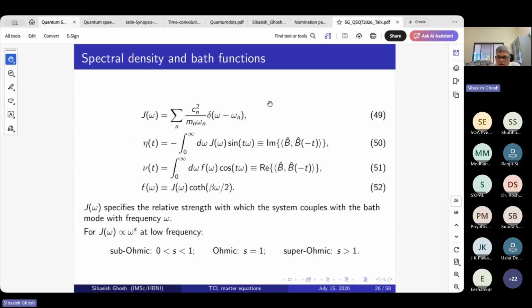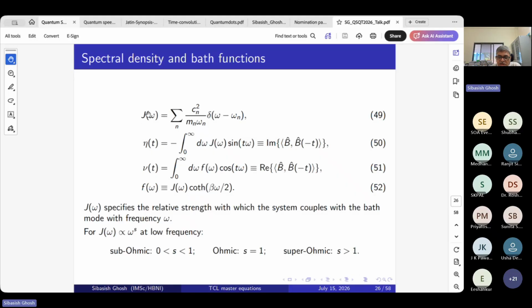Okay, so now whenever we talk about an infinitely large bath, it will have lots of degrees of freedom, and therefore also a continuum of frequencies, the energy you can say. And in order to look at the properties of the bath correlation function, what is important is the spectral density J of omega.